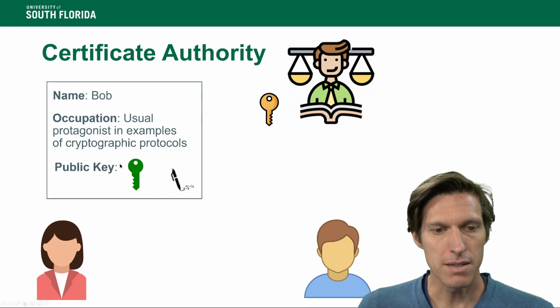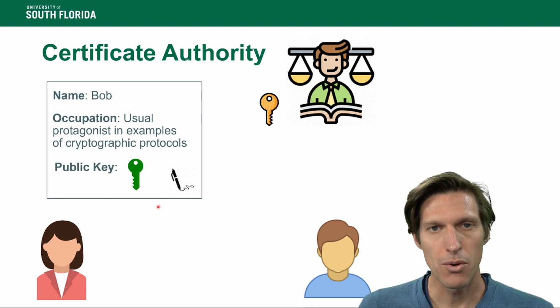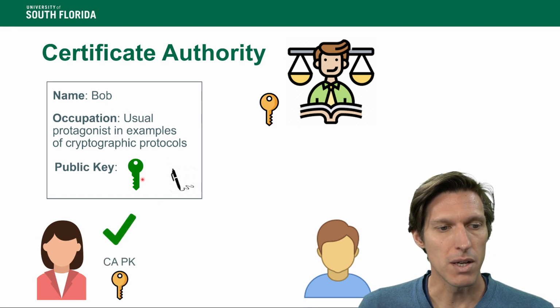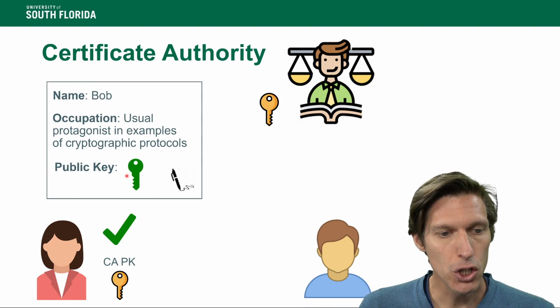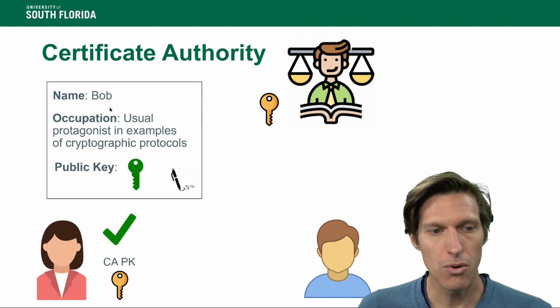And those certificates are signed by the certificate authority, meaning that if somebody trusts the certificate authority, then they can verify the signature of the certificate authority using the public key, and then they accept all the information as being valid, including the public key of the person who received the certificate from the certificate authority.